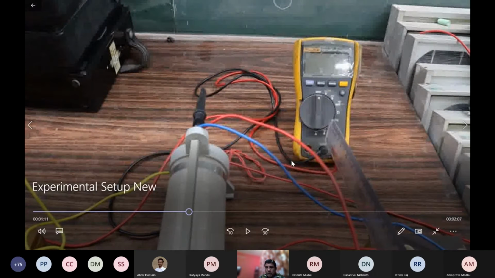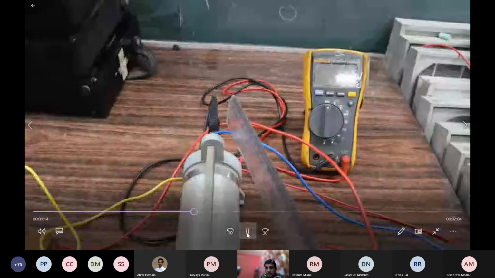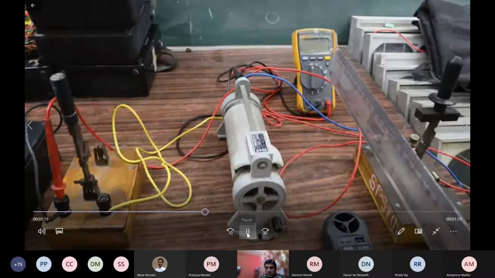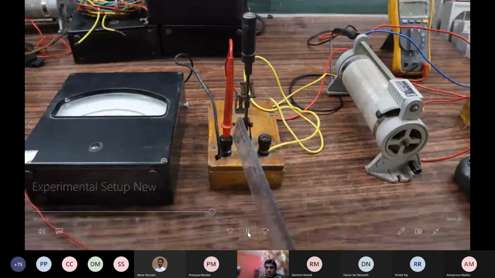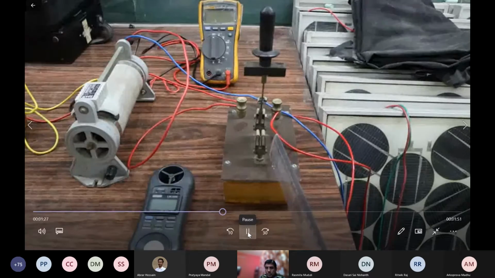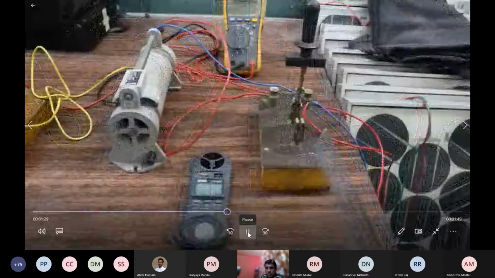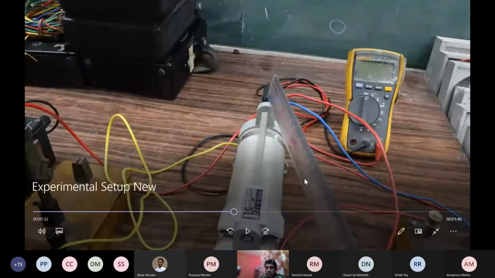This multimeter will be used as a voltmeter. This voltmeter is connected through this variable load and the switch. Now this second switch is used to short circuit, and it is connected across this load. So it will provide the short circuit situation.